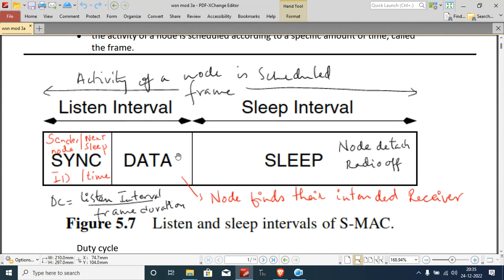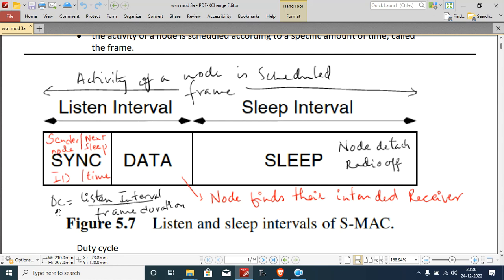Now this frame contains two parts. One is the listen interval and the other one is the sleep interval. During the sleep interval, the node will switch off its radio and will get detached from the network, and on the other part, that is the listen interval, the node starts to listen to the carrier if there is any activity.